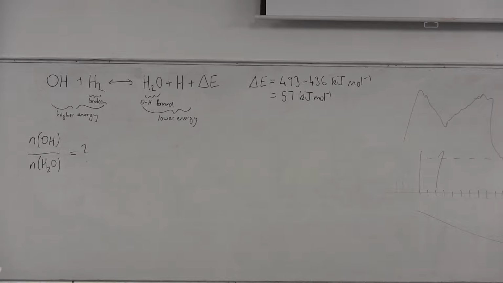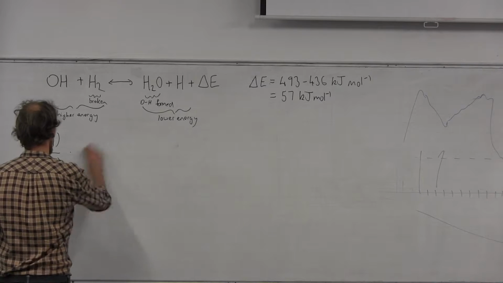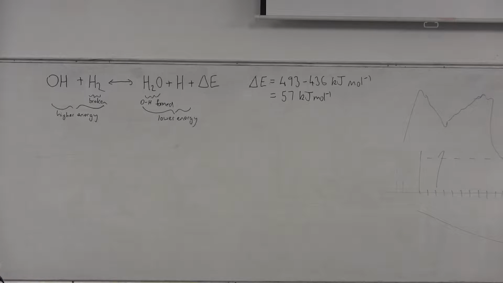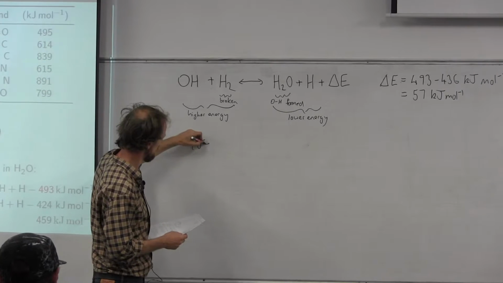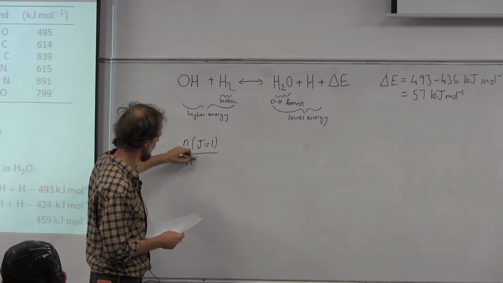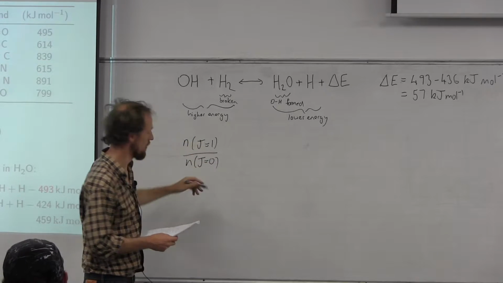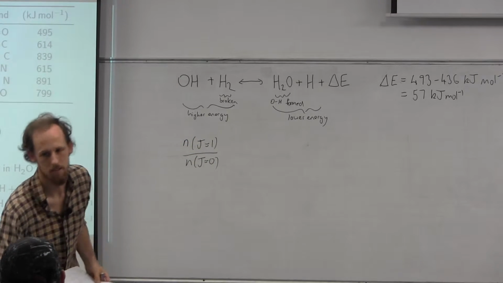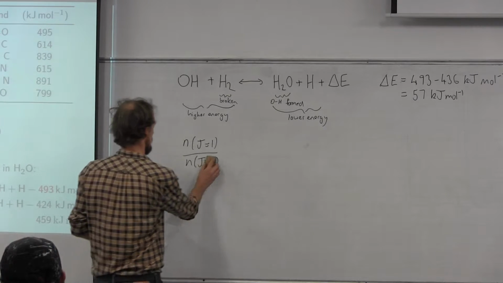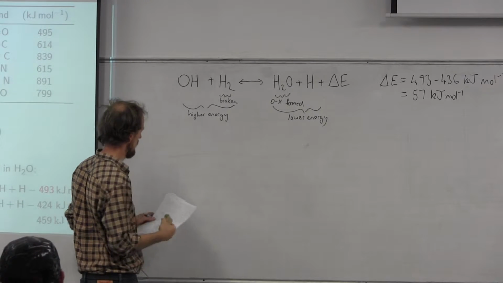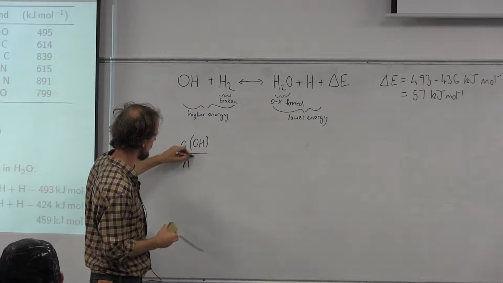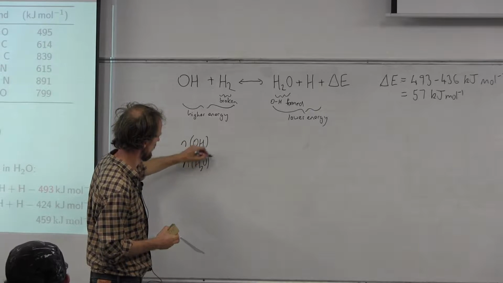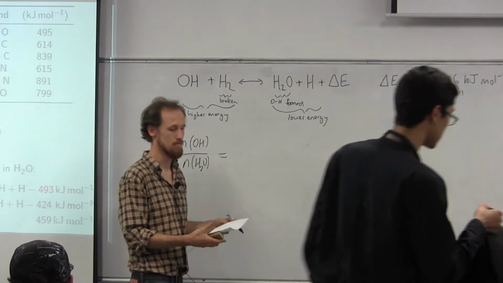And so this is exactly the same situation with rotational energy levels. I mean, you already worked out this ratio in the other assignment, except that now we're going to deal with the higher energy state over the lower energy state with exactly the same formula.